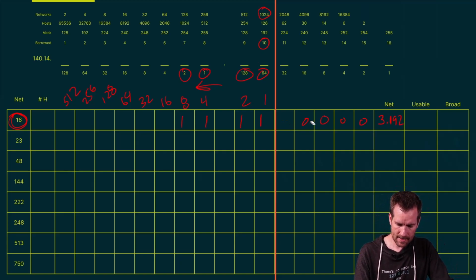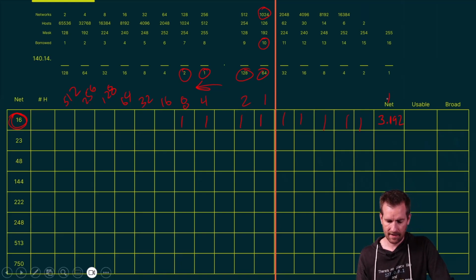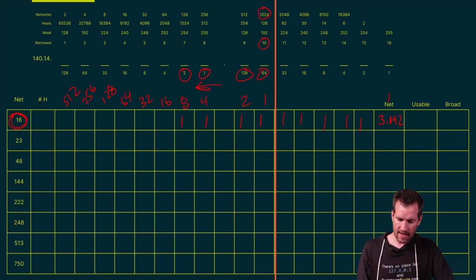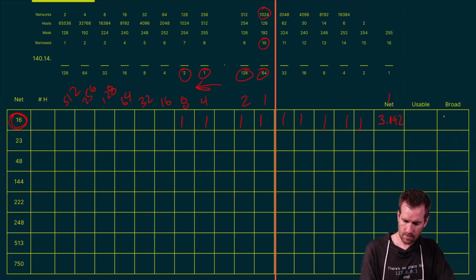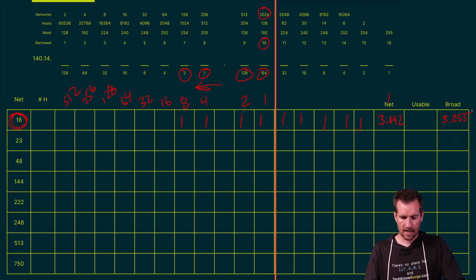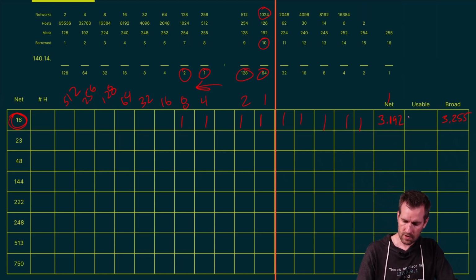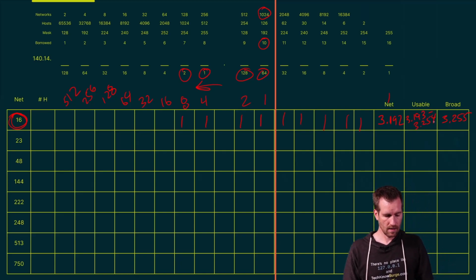Now, what is the broadcast? The broadcast is going to be all 1s here. And there's a 1 in that column too. Like I said, my chart's a little off here. But then that is going to be a 3 still, dot 255. All right, there it is. And then the usable range is just going to be 3.193 to 3.254. There's the usable range.